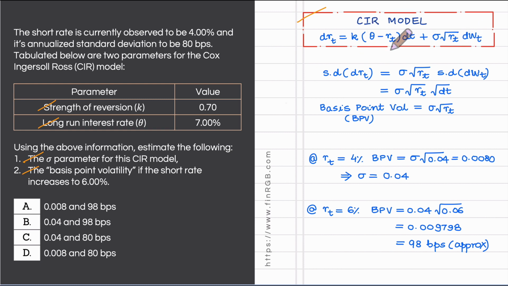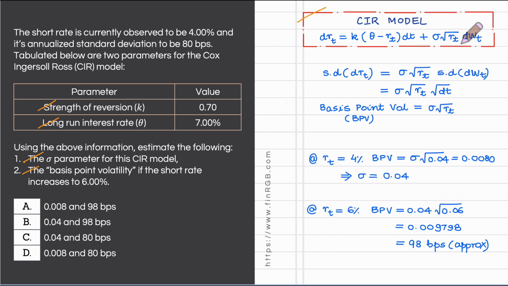The deterministic component stipulates that we have some kind of mean reversion going on with the strength of reversion denoted by K, and the long run mean level towards which this mean reversion is happening being denoted by theta. Then the stochastic term involves the current level of the short rate.